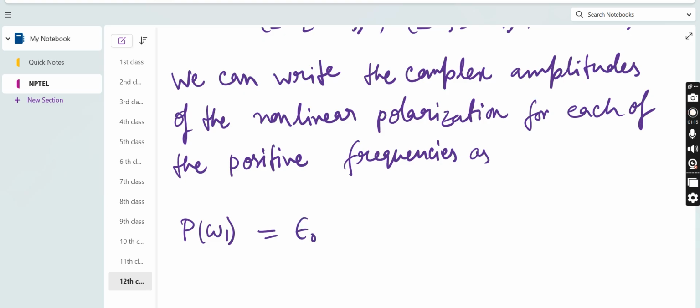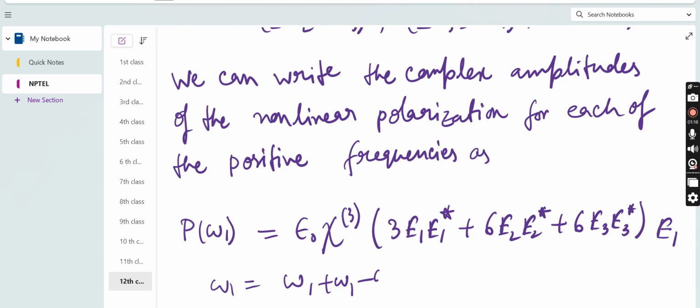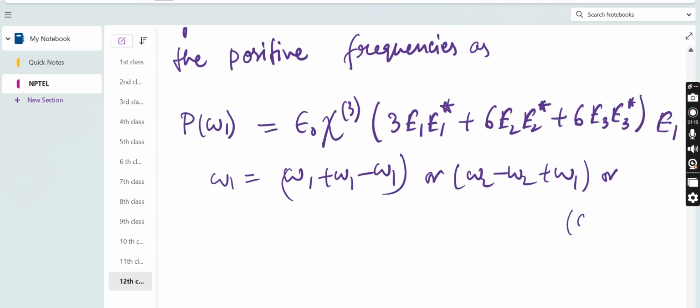So for omega 1, the amplitude is chi 3 times 3 E1 E1 star plus 6 E2 E2 star plus 6 E3 E3 star, into E1. So omega 1 is basically omega 1 plus omega 1 minus omega 1, or omega 3 minus omega 3 plus omega 1.